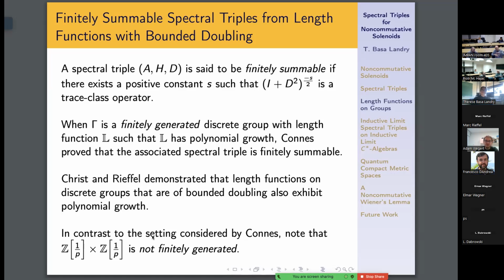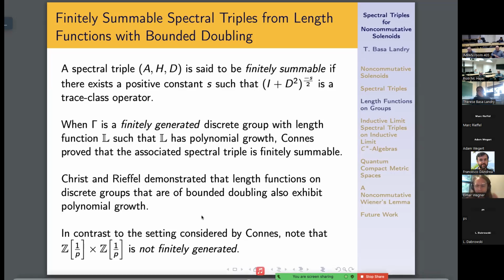So in these two notions, different operators play a role. Here you have this Dirac operator, and in the Fredholm module, it is the sign of this operator. It's quite natural. The question is that you need an extra condition which people call the Lipschitz condition. If you have the Lipschitz condition, then from a finitely summable spectral triple you get a finitely summable Fredholm module.